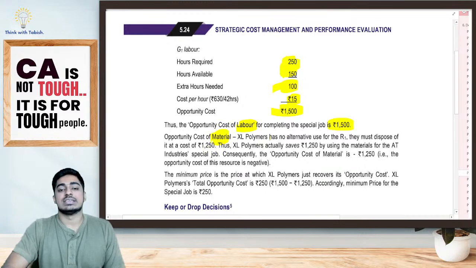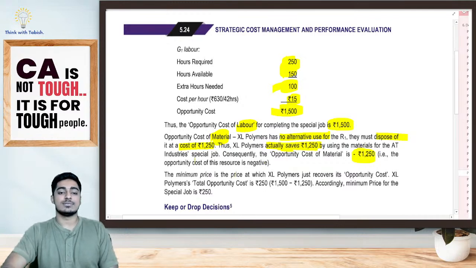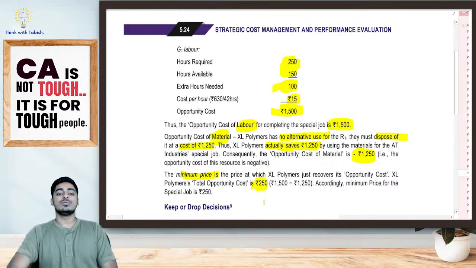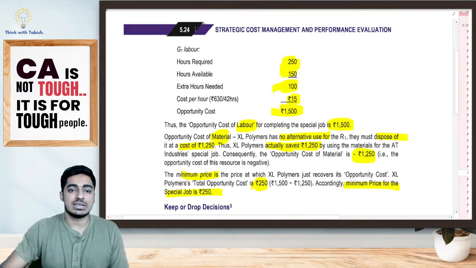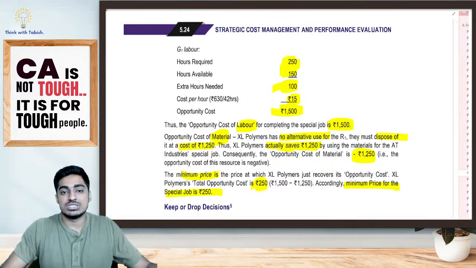Material cost. The raw material has no alternate use. It was planning to dispose of at 1250. Now it can actually save 1250. So the opportunity cost is going to be negative 1250. So the minimum price is going to be 1500 minus 1250, 250 rupees. So the minimum price to be charged is 250. Is it clear, students? Should we proceed to the next question?